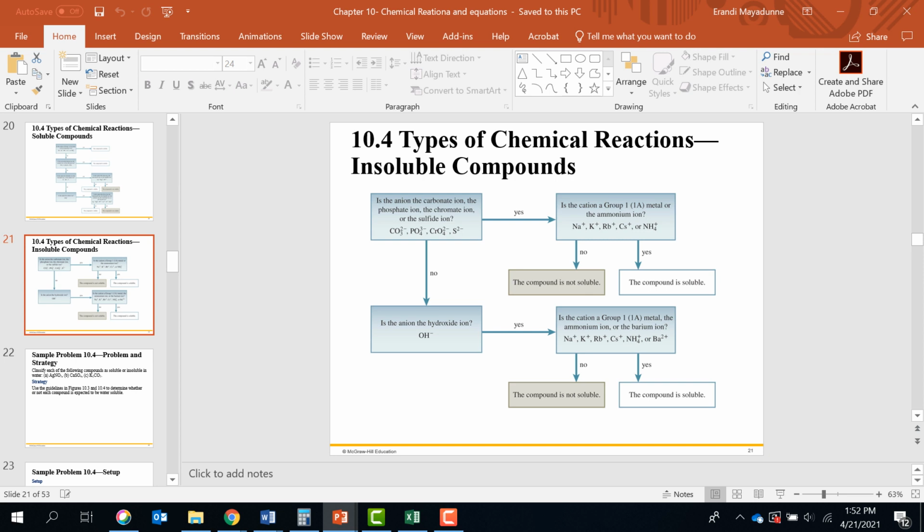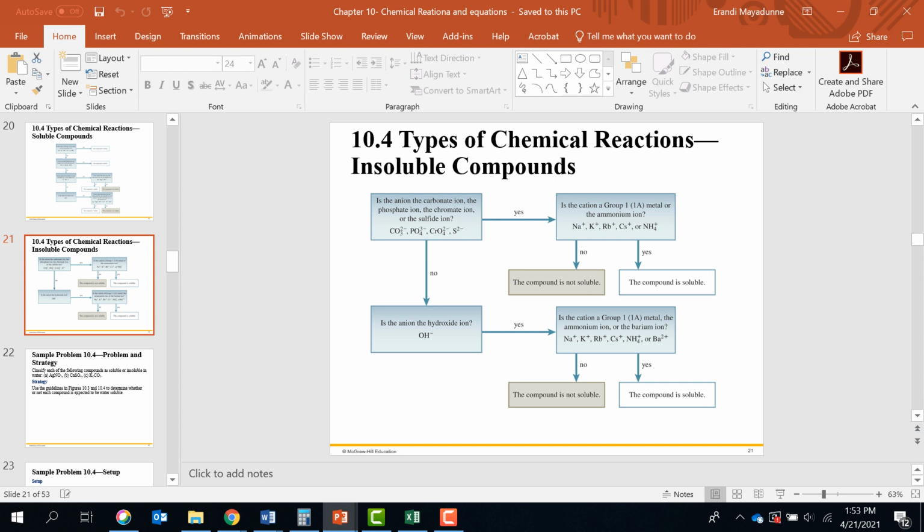So always if this comes with sodium, any anion is soluble. The same rule applies for hydroxide. What do you think about magnesium hydroxide? It's insoluble. Why? Because it's not sodium, it's not potassium. That's how you predict whether your compound is soluble or not.